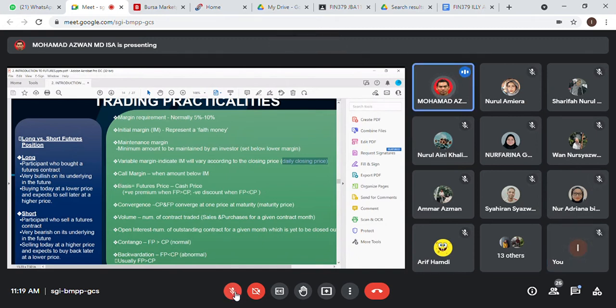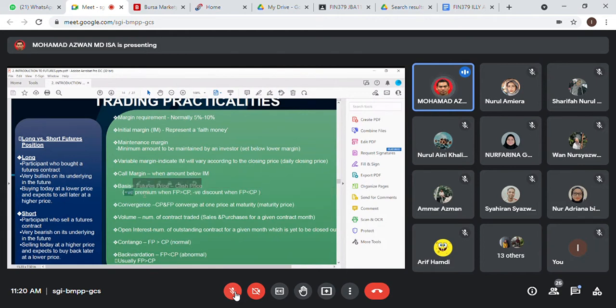Okay, then we have basis. Basis is the difference between futures price and cash price. Okay, basis is a risk, where futures price minus cash price. Okay, it could be positive, negative, okay, or at par.